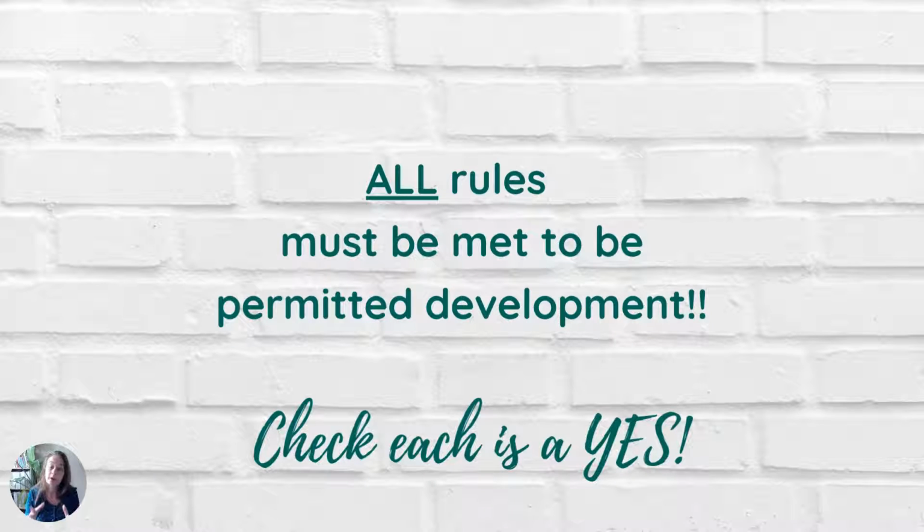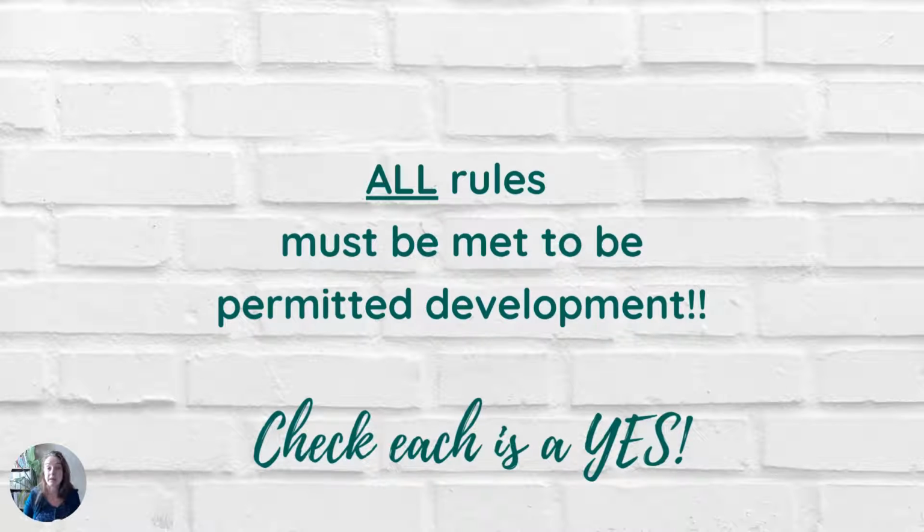But if you are doing it yourself and you want to check if the things that you're thinking about doing are permitted development, and if you are going to need to apply for planning permission, then you need to go through all of these rules and you must tick yes, it meets permitted development requirements.